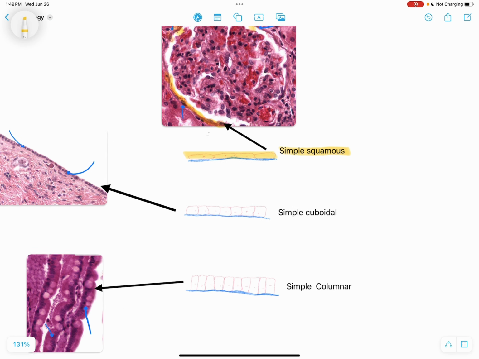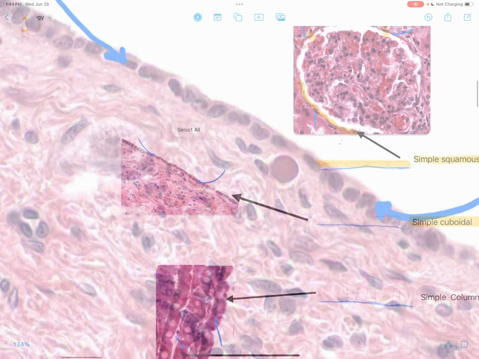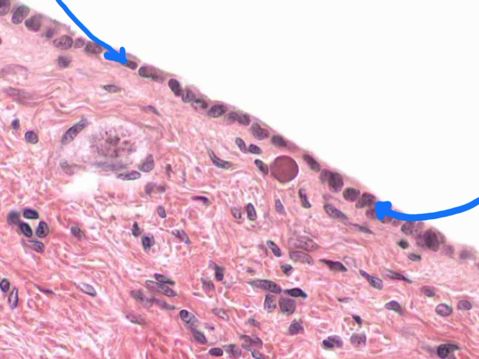Now let's move to the next type, and this would be simple cuboidal. Now stop for a second and ask yourself the question, why am I calling this simple cuboidal? And of course the answer is, it's one cell layer thick and the cells are shaped like cubes. Now let's remind ourselves, what layer are we looking at?